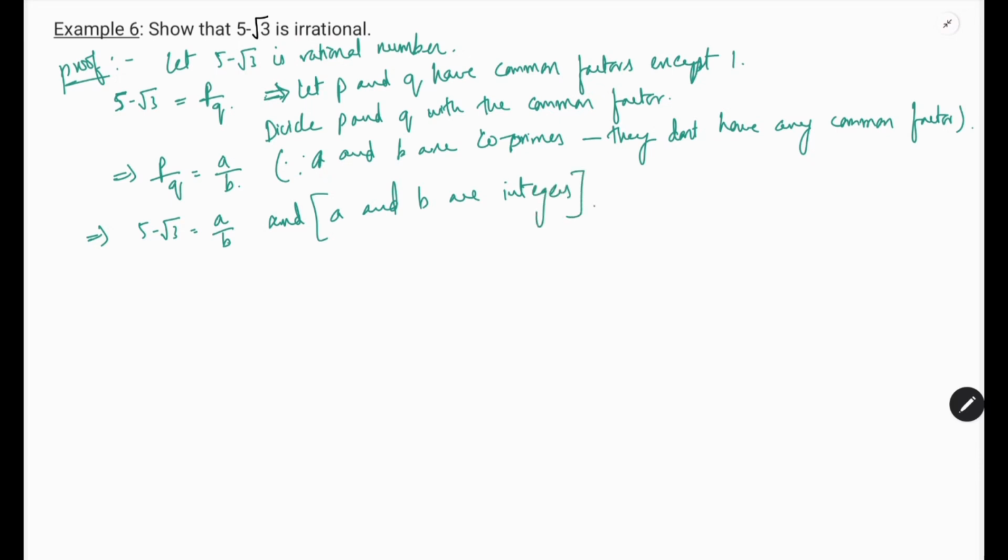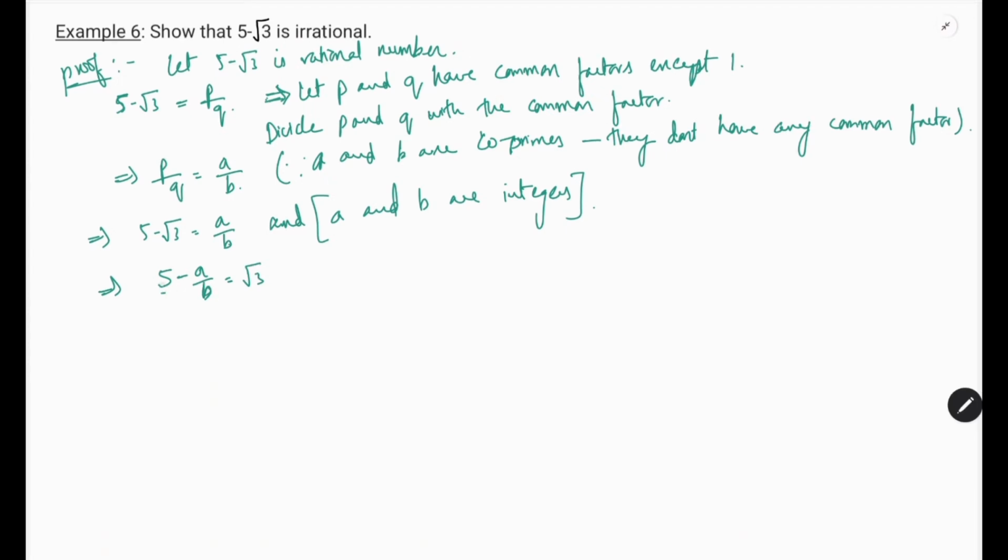Take a by b to the left side: 5 minus a by b is equal to root 3 on the right side. 5 and a by b both are rational numbers, and if you subtract a rational number from a rational number, you will get a rational number. Here 5 is a rational number, and a by b is a rational number.